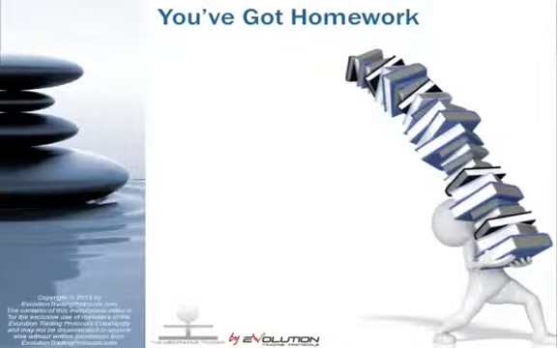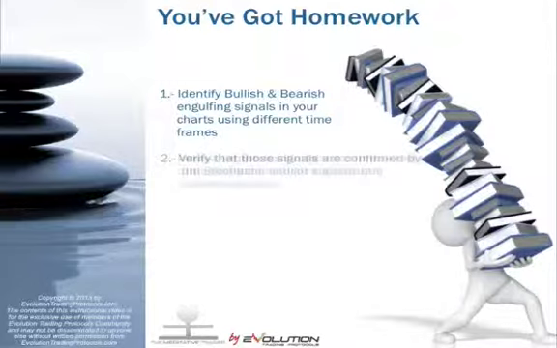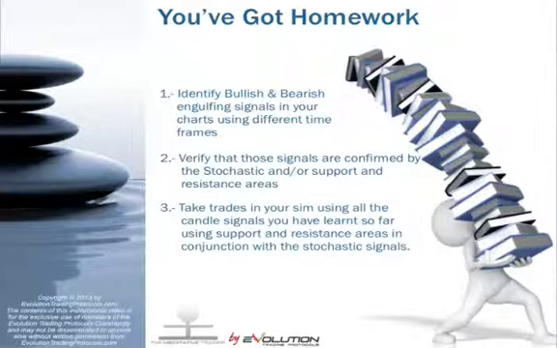Now for your homework. First, identify bullish and bearish engulfing signals in your charts using different time frames to verify that those signals are confirmed by the stochastics and or support and resistance areas. Three, take trades in your sim using all the candle signals you have learned so far.